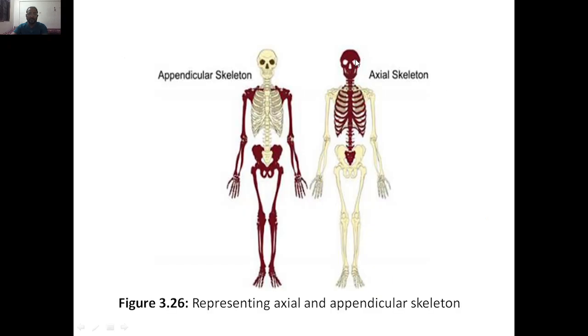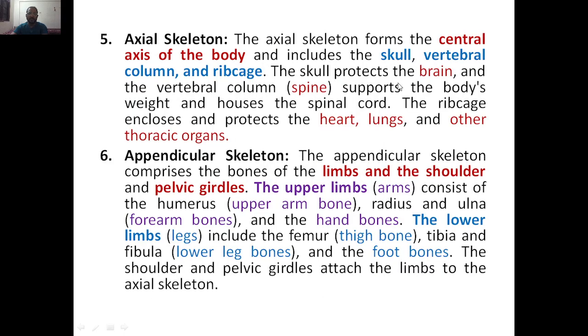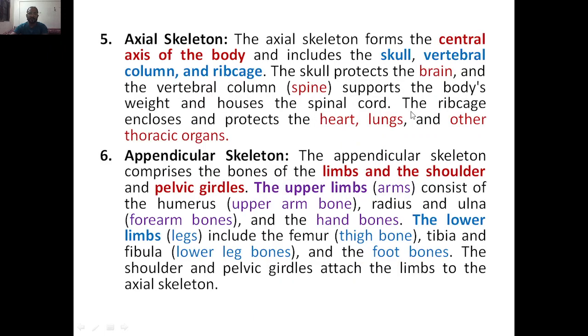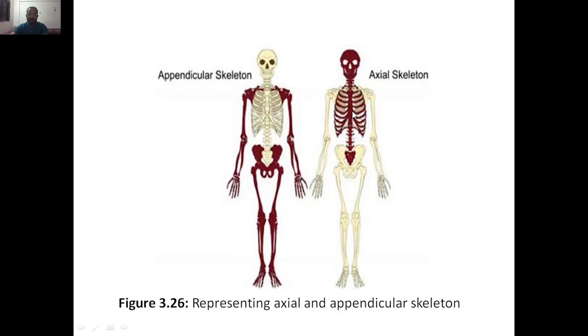We know that the skull protects the brain, and also the vertebral column, that is the spine, protects the spinal cord. Okay, and then we are having the rib cage that encloses the heart, lungs and other thoracic organs, like liver and all. So brain, heart and spinal cord, these three things in the axial skeleton protect the major parts of the body.